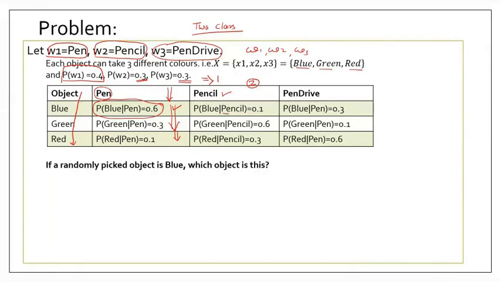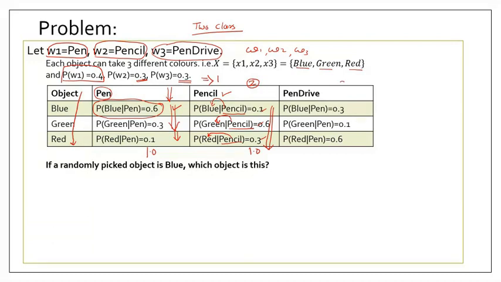The condition is given the pencil, and you can see the condition is the same three times. Given the pencil, it is of blue color, green color, red color. The chances are 0.1, 0.6, 0.3. You can note down that the sum of these probabilities is 1.